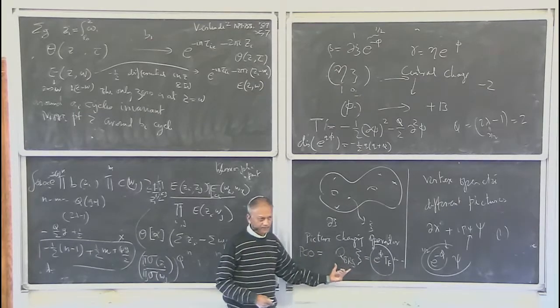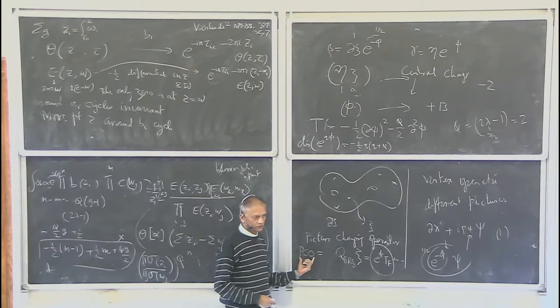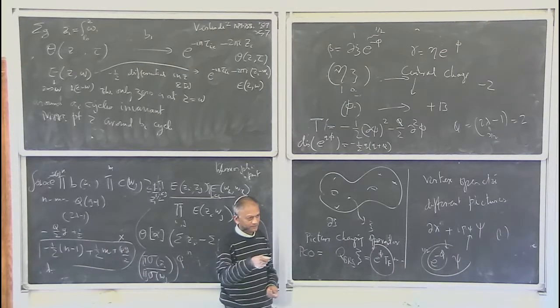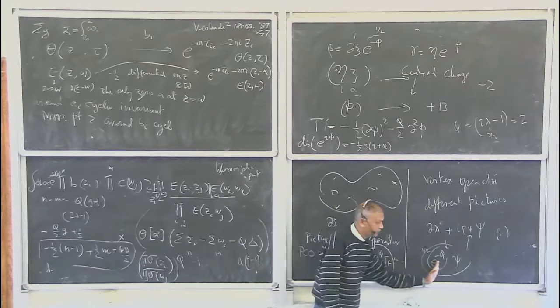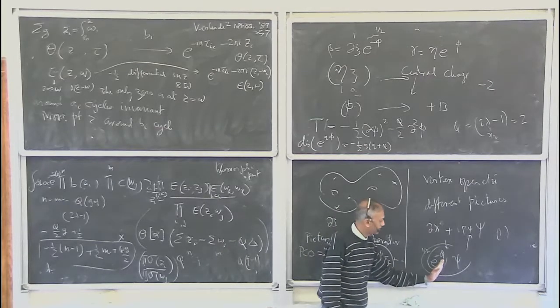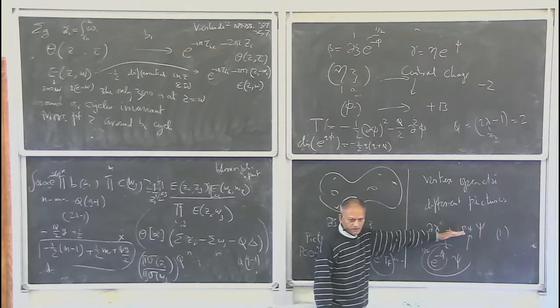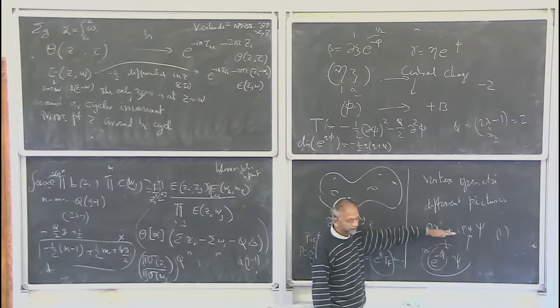That's not going to change the dimension. So this is dimension 0. And a dimension 0 object you can put at any point. So when we say PCO acting on that, you basically put the PCO there at this point, and then it's not very difficult to show that you get this operator.